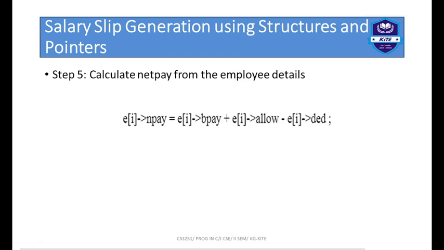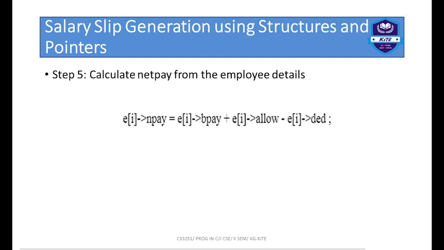After reading all these details, we calculate the net pay using this expression. Net pay is equal to basic pay plus allowance minus deductions. Deductions can be like PF and some other specific deductions.